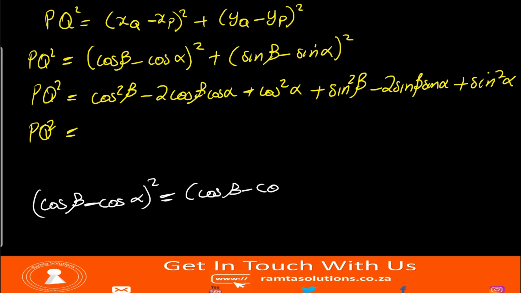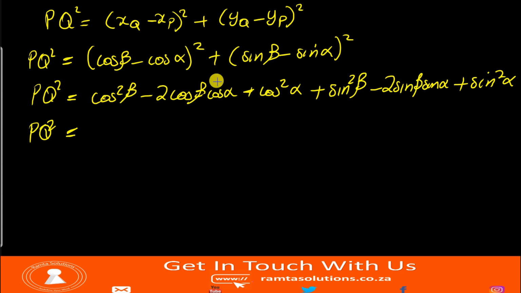So, continuing, I want to somehow relate those that can be related. I do see we have cos square beta. I see another sine squared beta.